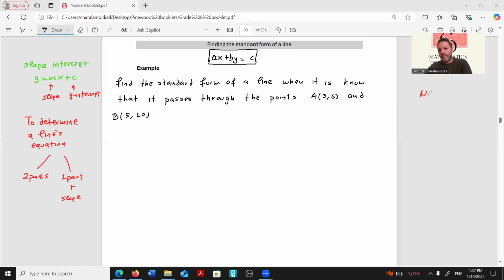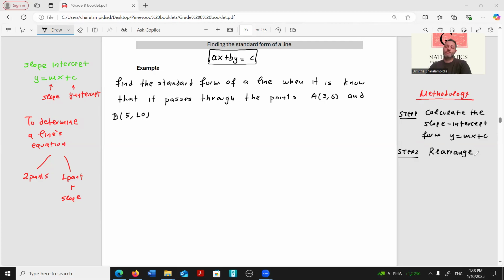As a methodology, in step 1, I just need to calculate the slope-intercept form, which is the form, as I said before, of y equals mx plus c. And in step 2, all that I need is to do some rearrangement. Now, let's begin with step 1.